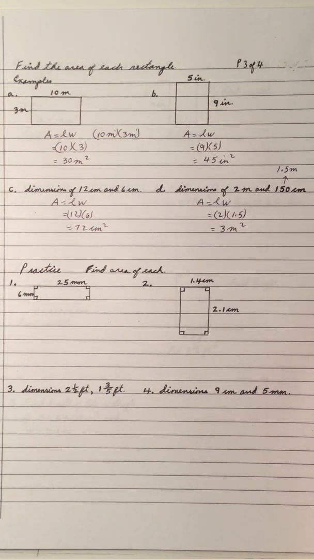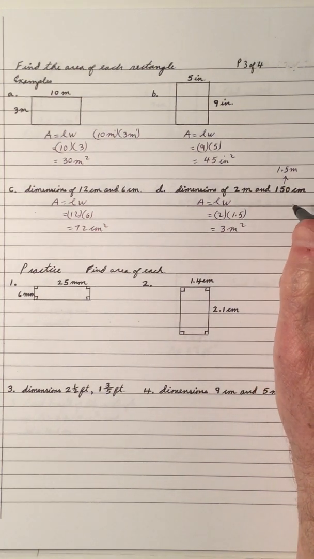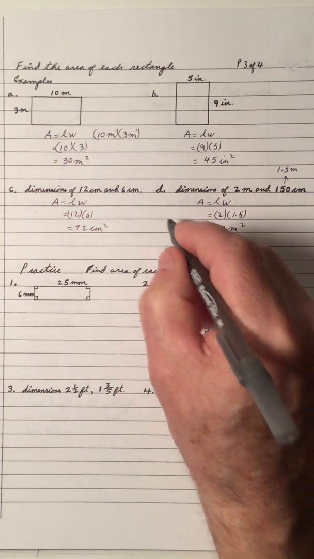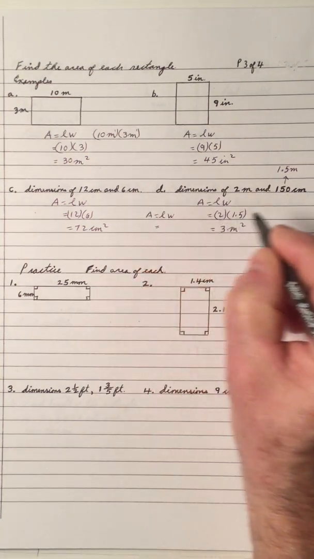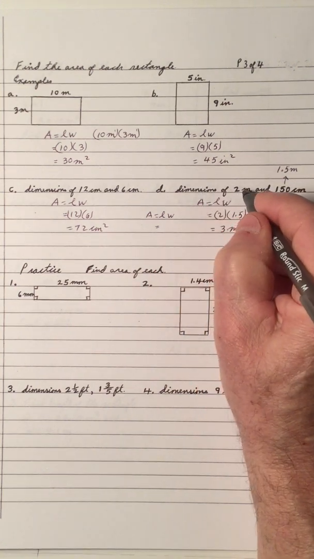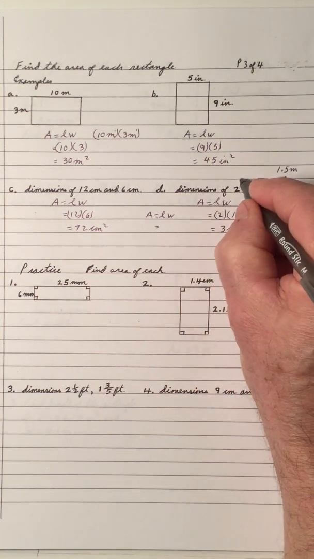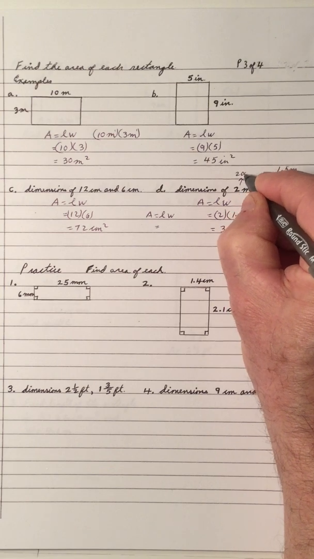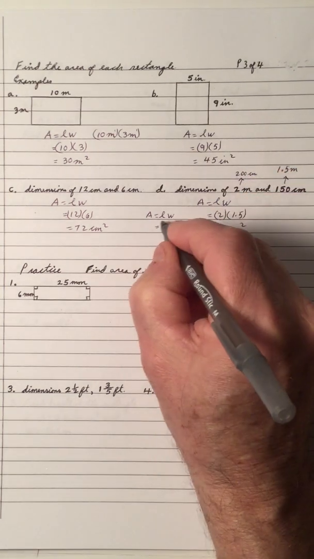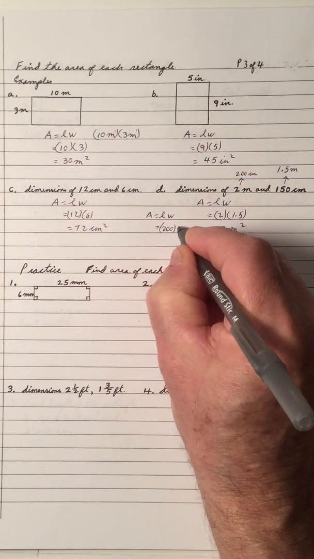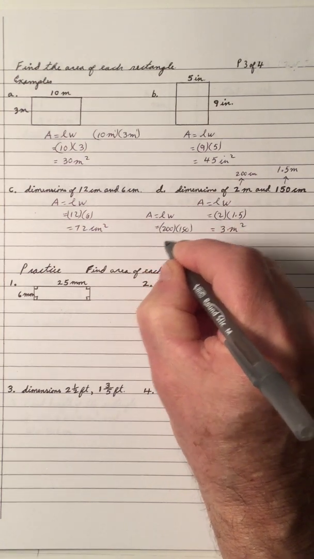We could have done it in centimeters if we wanted to, but let's have a look at doing it in centimeters. Length times width. If we did it in centimeters, then 2 meters is equivalent to, or the same as, 200 centimeters. So we have 150 and 200, so we got 200 centimeters, 150 centimeters.